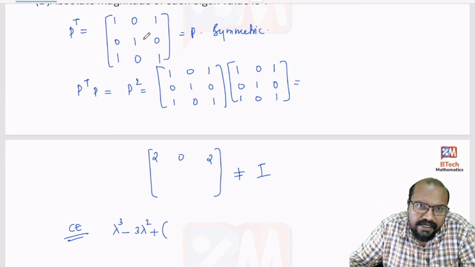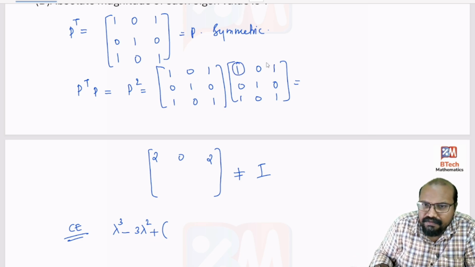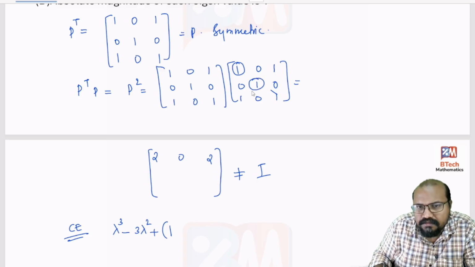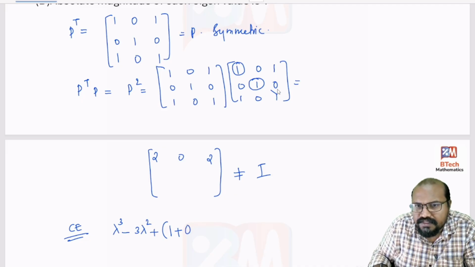Minor of a11 is 1, minor of a22 is 0, and minor of a33 is again 1.